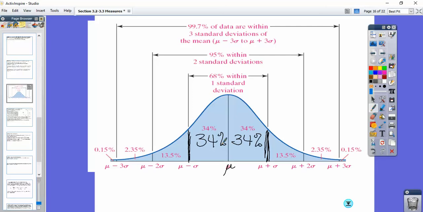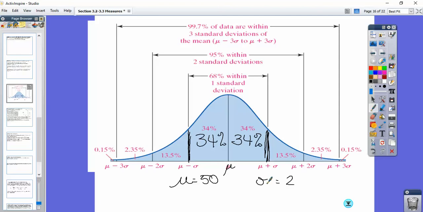If you want an example, think about if I said the mean was 50 and the standard deviation was 2, and I was looking at a set of values.